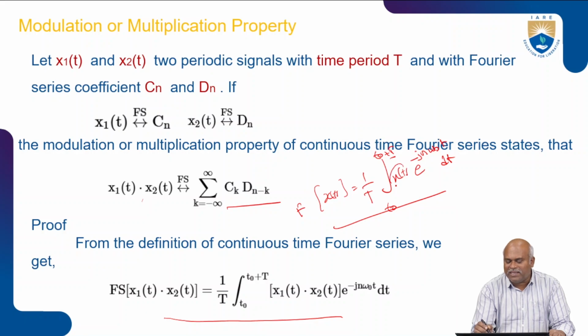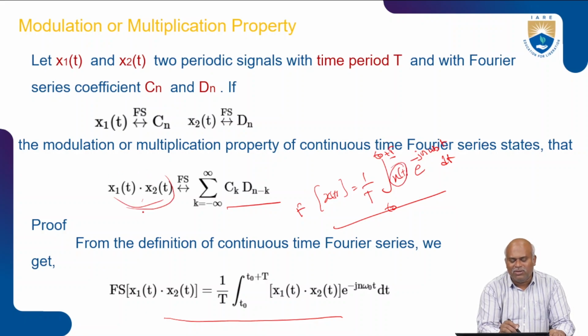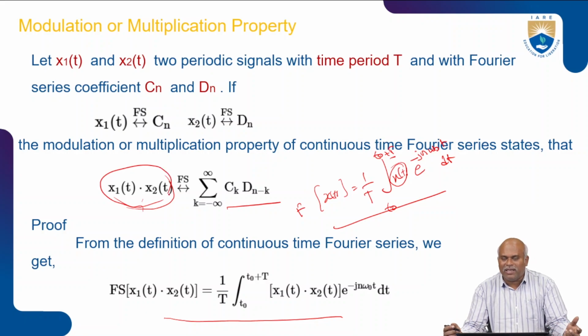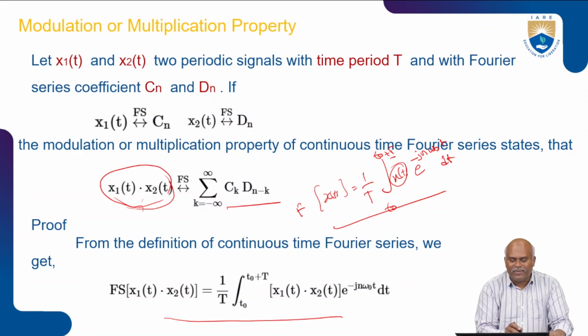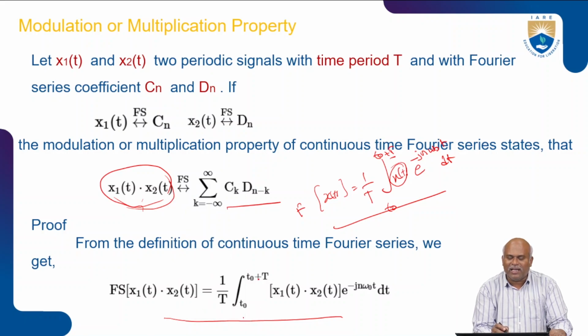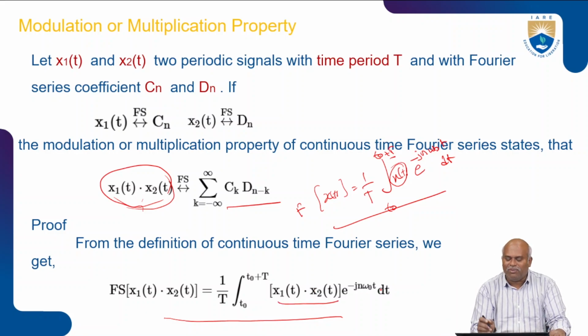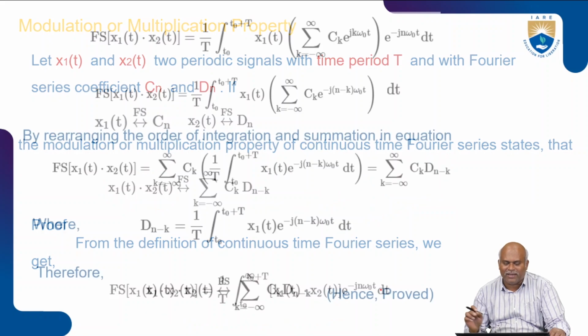Now in place of x we need to replace x1 into x2, that is a multiplication. Then the Fourier series is 1 by T integration, where the start of the periodic signal is t0 and the end is t0 plus T. Here we replace x with x1 of t into x2 of t e power minus j n omega 0 t dt, I should write.